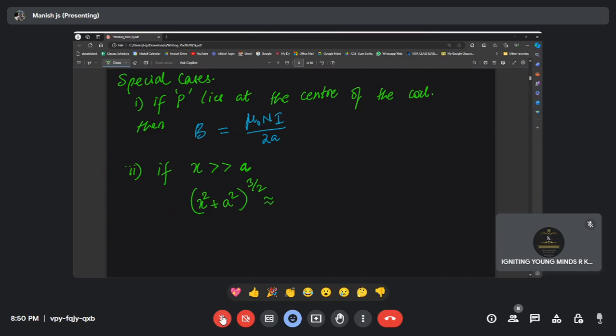So this is approximated as (x square) whole to the power 3 by 2, which is just x cube.